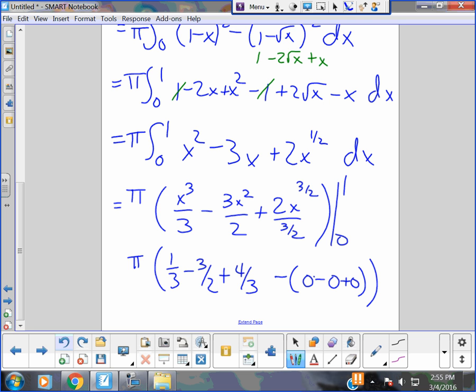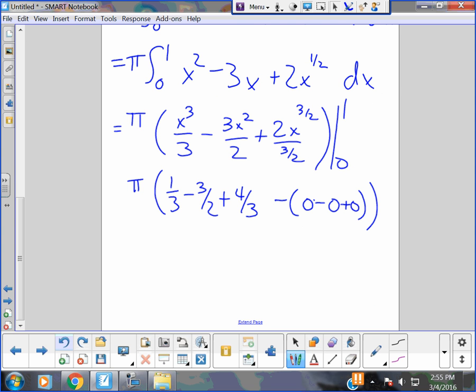And again, one thing to be very careful of here when you have something integrated to 0. If you have trig, guys, if you have sine or cosine, there can be values. You guys all agree? You got to be really careful when you have 0 as one of your limits of integration. Last thing, 1/3 plus 4/3 is 5/3. 5/3 minus 3 halves. This is maybe where I would actually use a calculator, but 10 minus 9. How about 1/6?